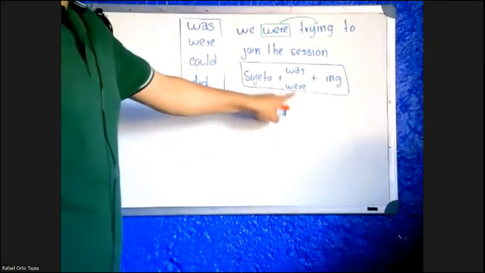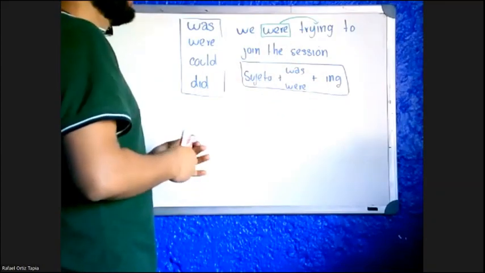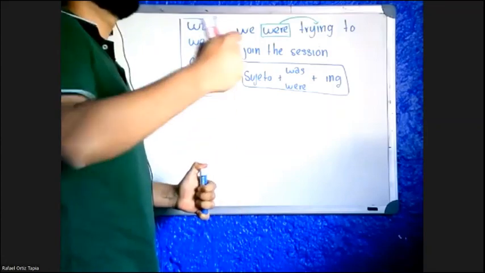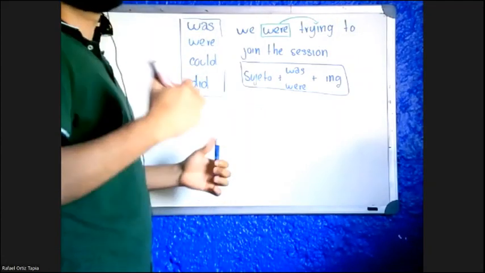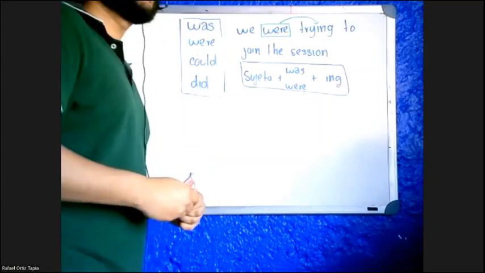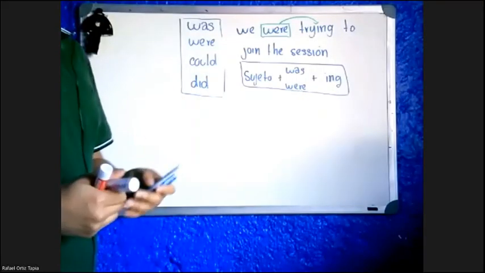Entonces cuando tengan sujeto, was, were, ing, eso es past continuous. And past continuous is used for progressive actions in the past. So whenever in Spanish you want to say something like, pues estábamos jugando, estábamos teniendo clase, estábamos hablando. Es como el presente continuo, ¿no? Pero al revés. En pasado. Exactamente. Perfecto.